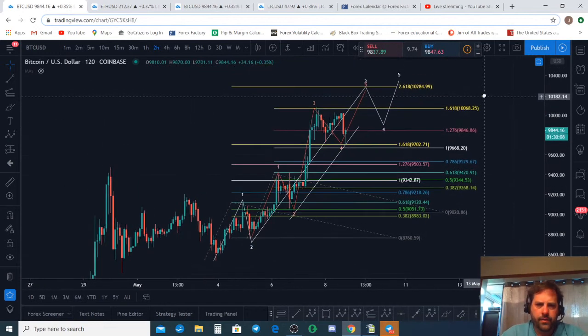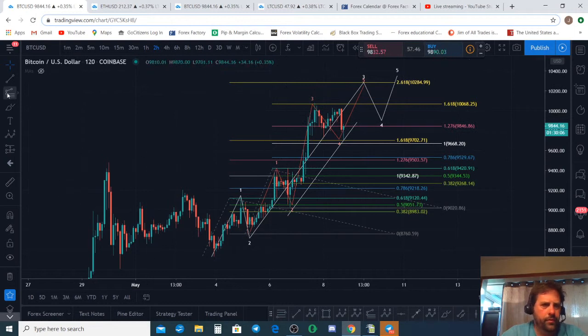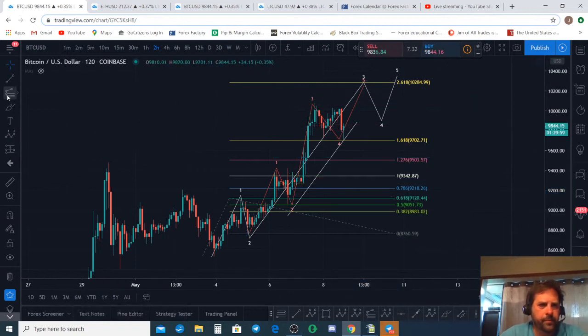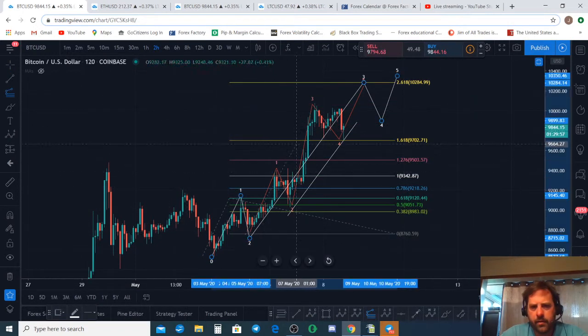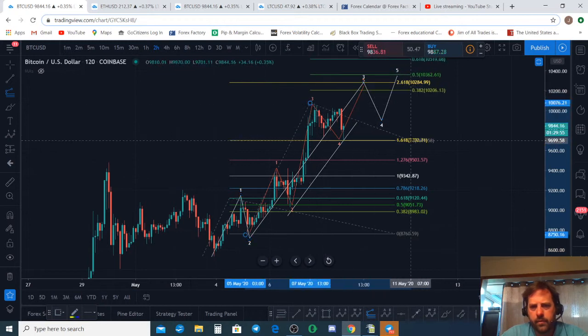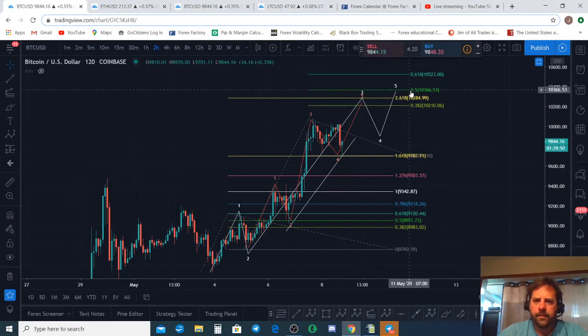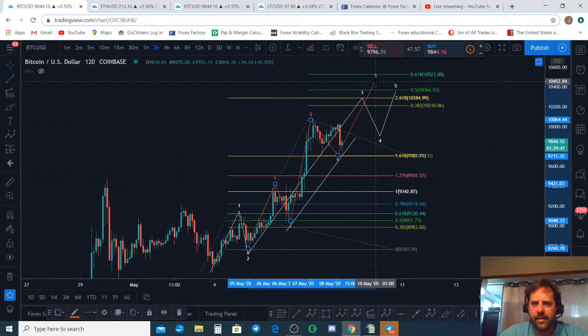Okay. Let's figure it out a different way here. See if there's any confluence with the fibs. The 50% is 10,366. 618 is at 10,523.